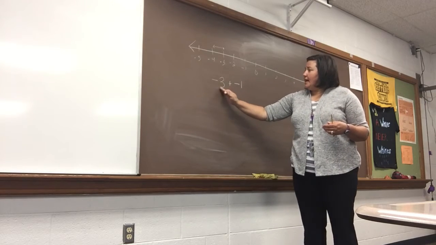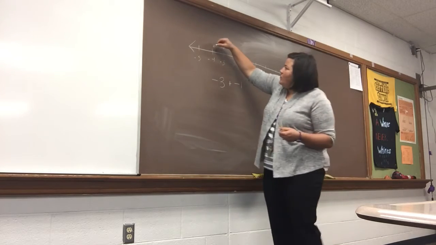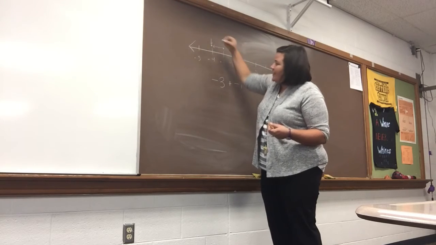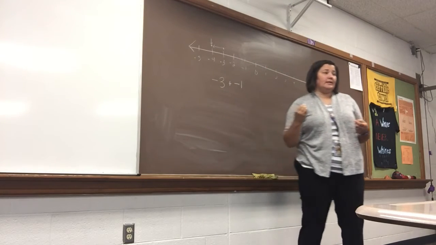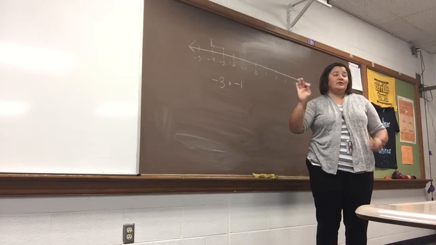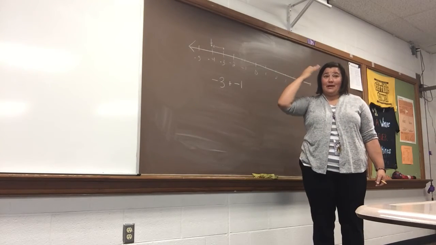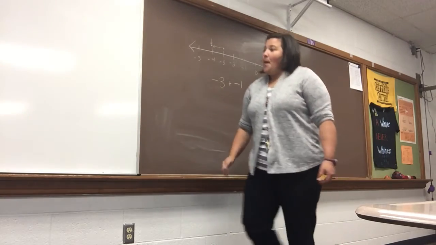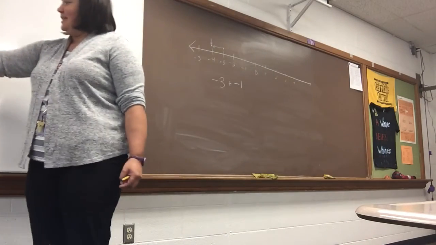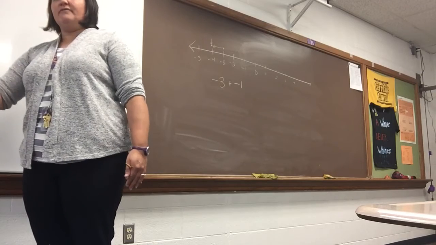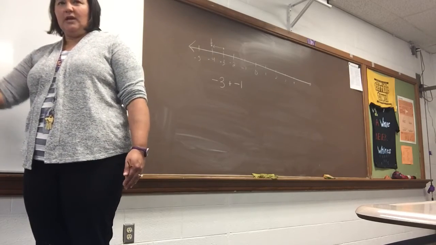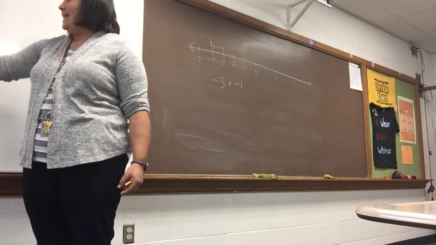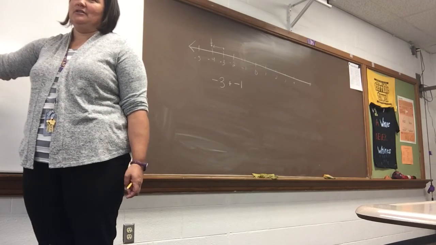So when we add a -3 plus a -1, we end up at -4, okay? I do understand how this looks backwards because in my brain it looks backwards too. Because when we learned this initially, we're like, oh, if you go to the left, we're going negative. Oh, if you go to the right, we're going positive. But that doesn't apply here.